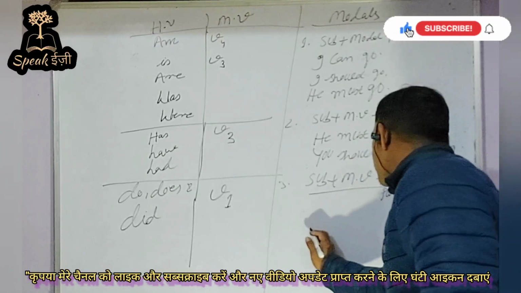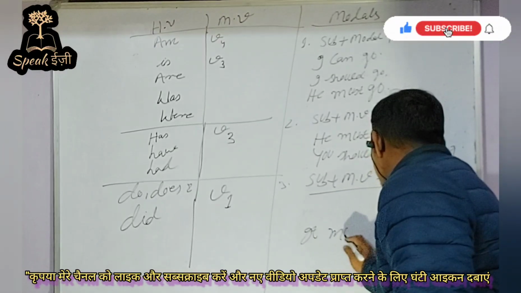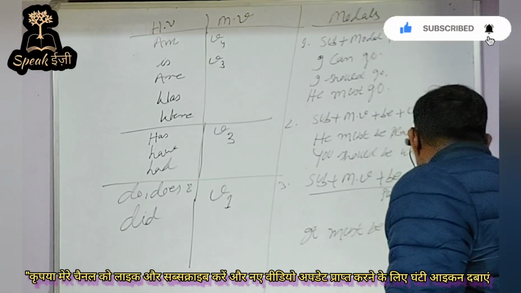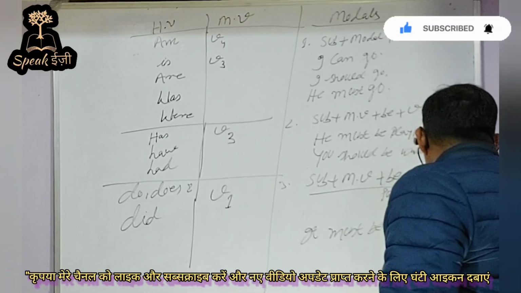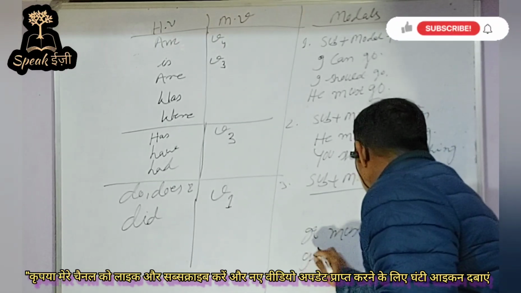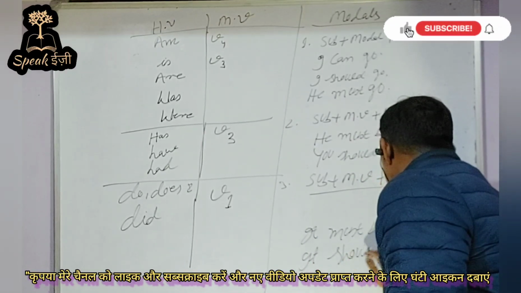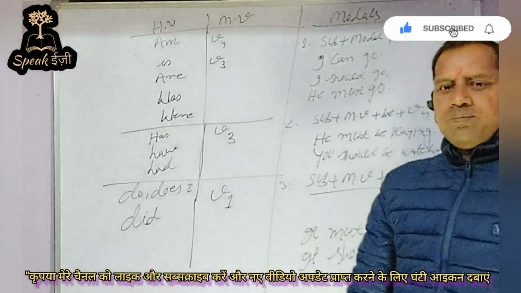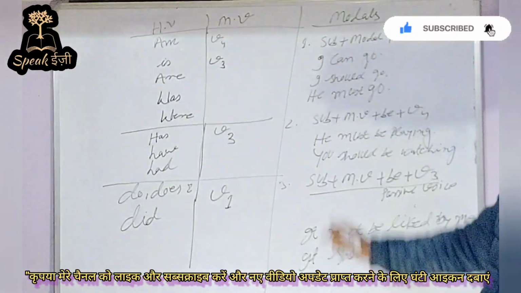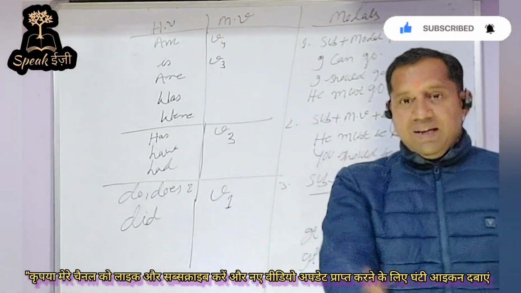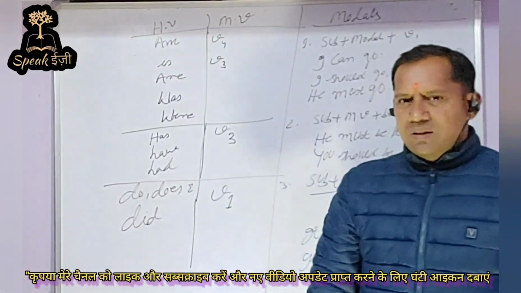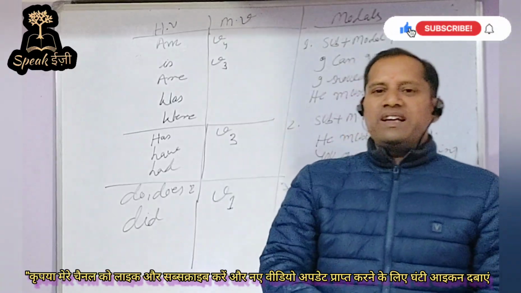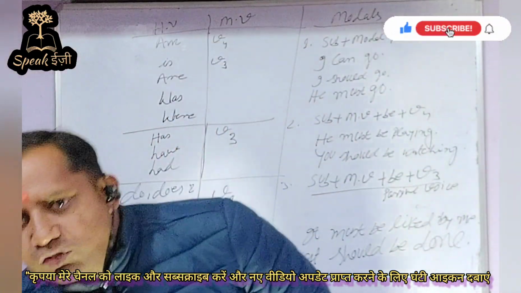Example, it must be liked by me, or it should be done. I hope that all these three ideas will be very clear to you, and if there is any doubt in your mind, you may comment and we shall try our best to give all the solutions to you.